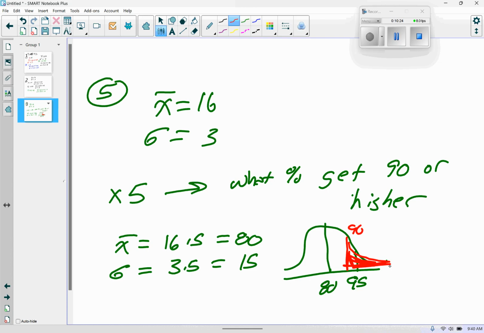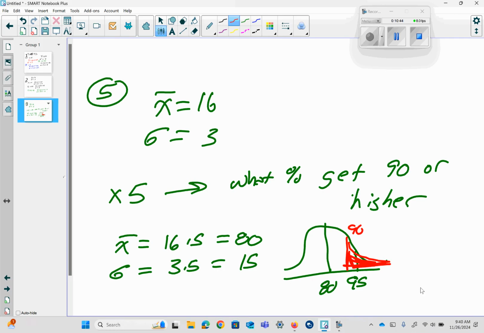What do you think we should use? Bet you know. Desmos. Which part of Desmos? I like this thinking. Normal distribution. Cool. And we know it's a normal distribution because above they said that it was normally distributed. So jump on to Desmos using 80, 15.